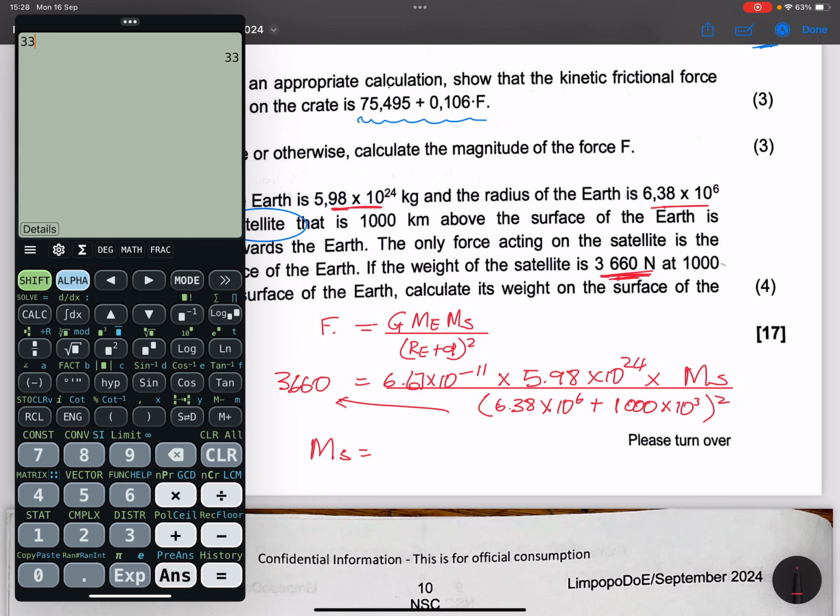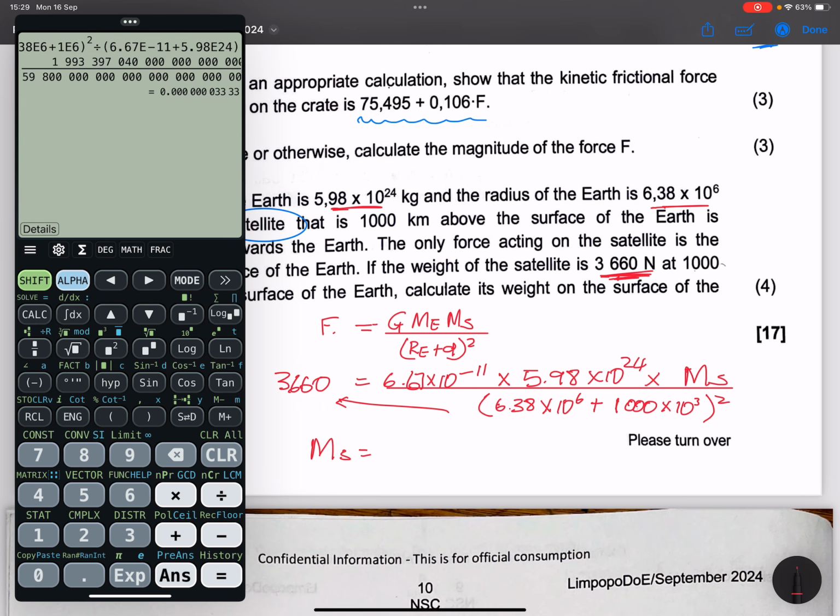So 3660 multiplied by (6.38 exponent 6 plus 1 exponent 6), squared, and I am going to divide all of this by 6.67 exponent minus 11 times 5.98 exponent 24.